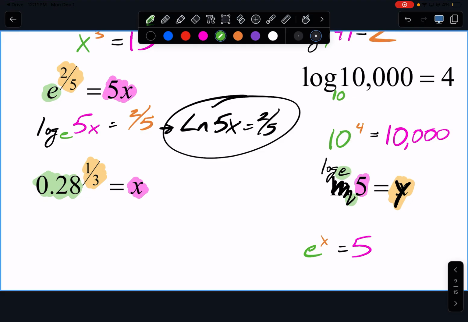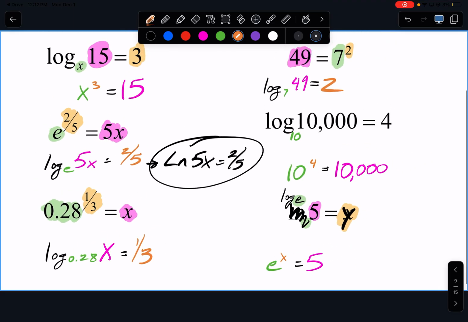The one on the left is going to be log base 0.28 of x equals 1/3. Any questions on those 6?